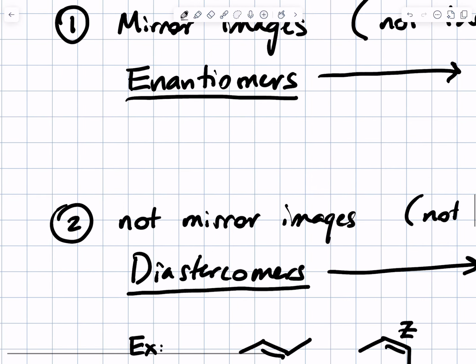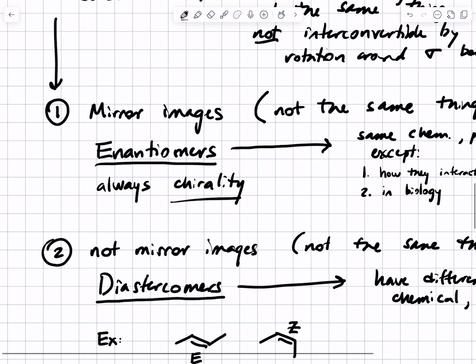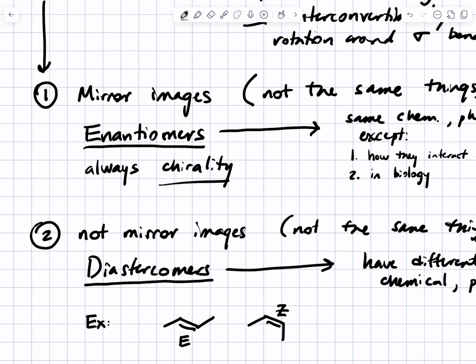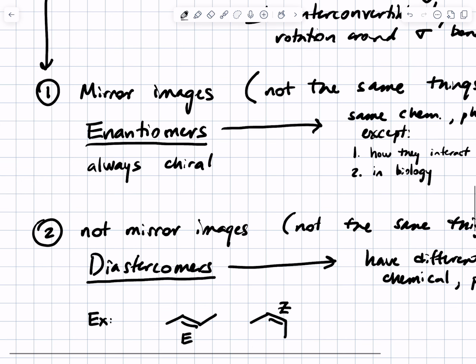Enantiomers have a property called chirality, because chirality means you are not the same as your mirror image. So that didn't make sense. I'm using a noun when I wanted an adjective. Enantiomers are always chiral.